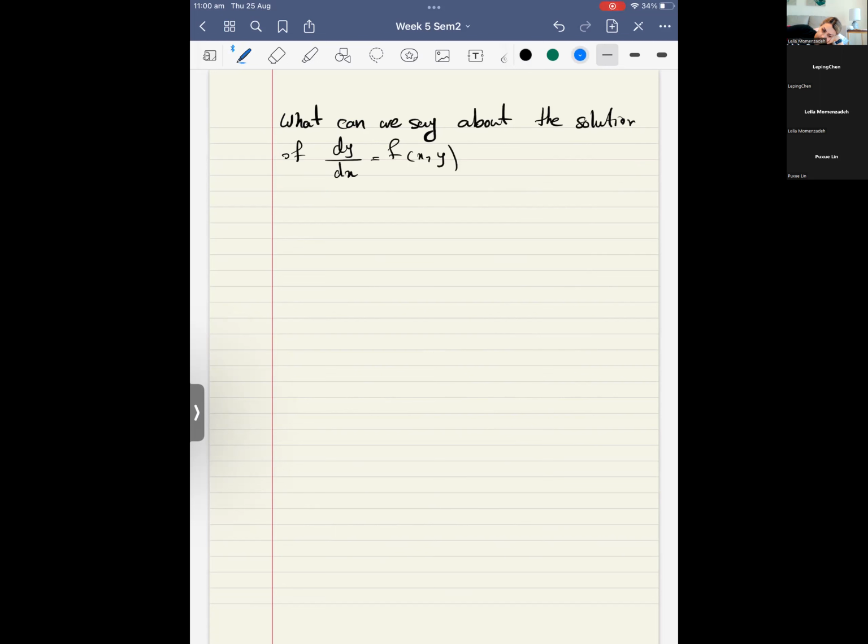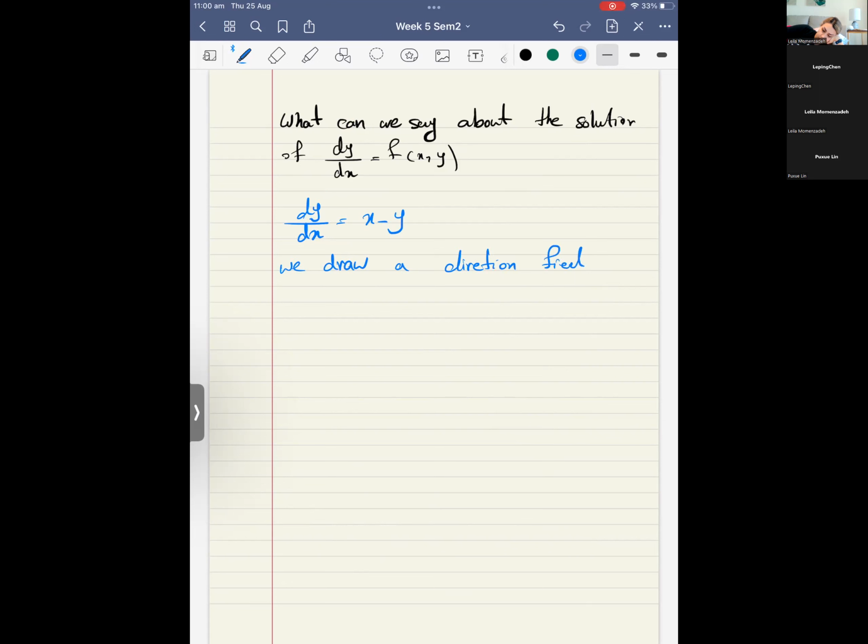For example, I can write dy over dx equal x minus 1. First of all, we should draw a direction field.